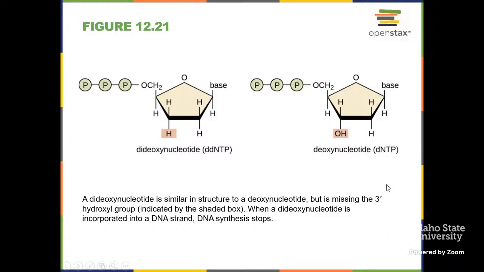So this is a normal situation with 3 phosphates, a deoxynucleotide triphosphate, all right? Adenines and thymines and guanines and cytosines. They all come in with 3 phosphates. We'll pop 2 off as we build that backbone. We talked a little bit about that before, all right?